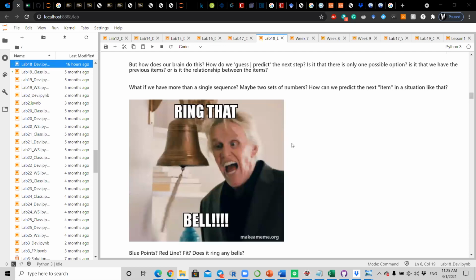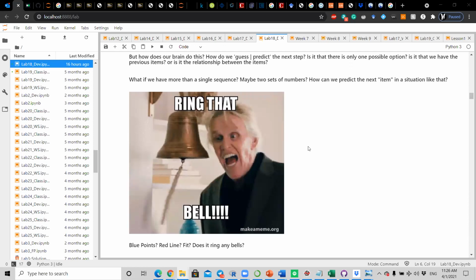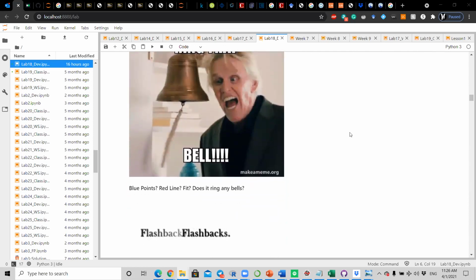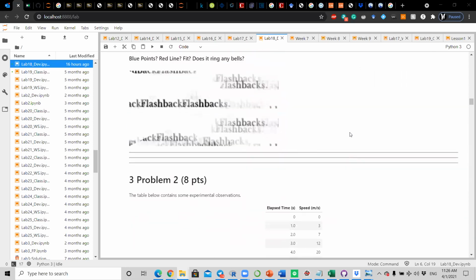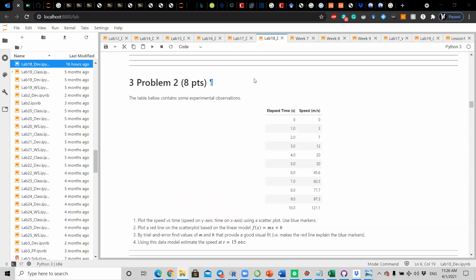Over the past 48 hours, have you seen something similar to this? Blue points, the only time red lines was when we were trying to match that line to the blue points. Do you remember this question? Oh, yes.